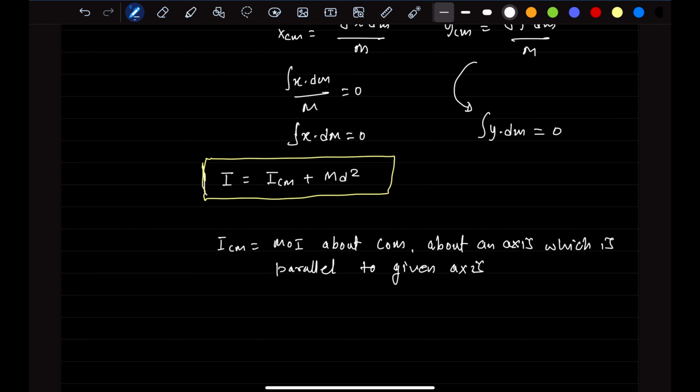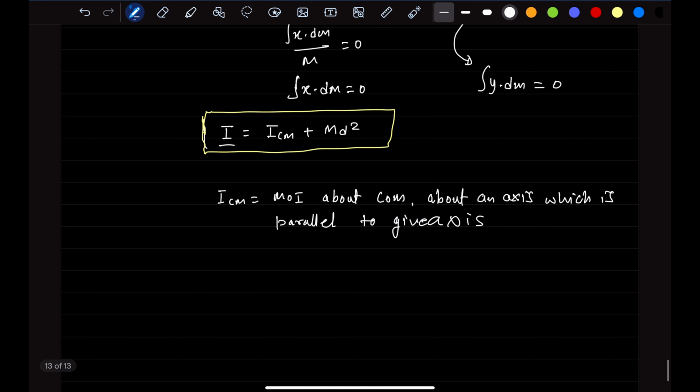The given axis is the axis about which we need to calculate I. And m is the total mass of the rigid body.